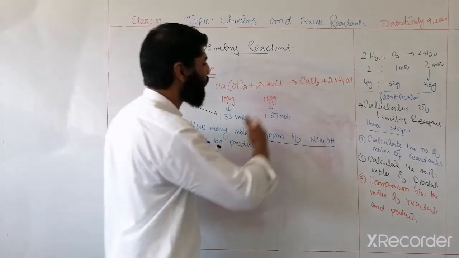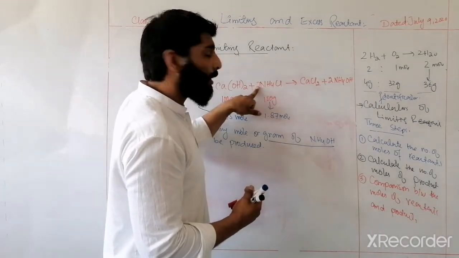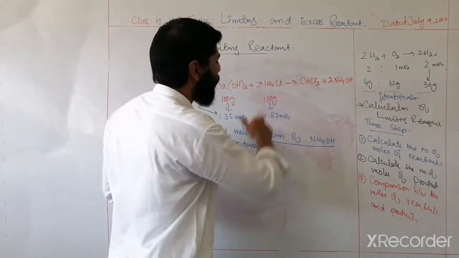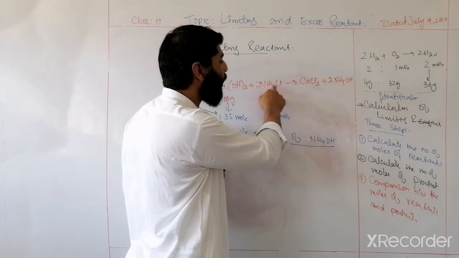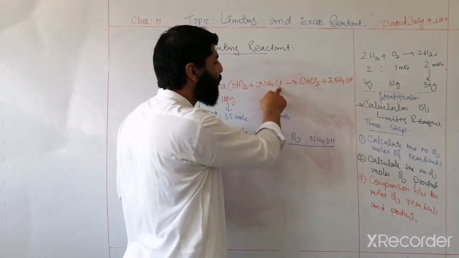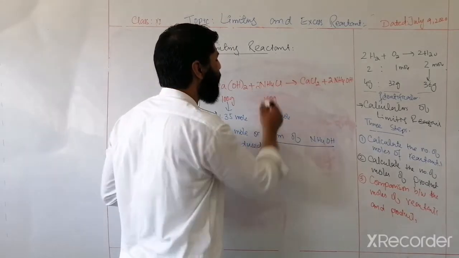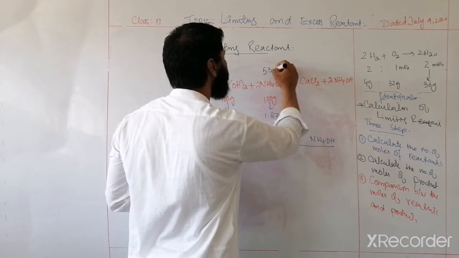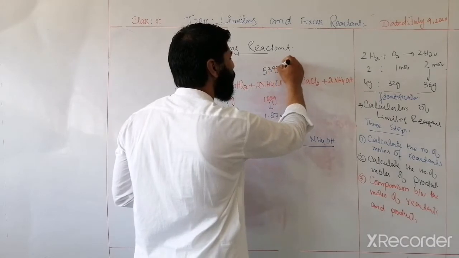Now, for this one, ignore the 2. Just calculate the molar mass of NH4Cl. 1 nitrogen 14, 4 hydrogen 4, and 1 chlorine 35.5. 35.5 plus 4 is 39.5 plus 14 is 53.5 grams per mole.